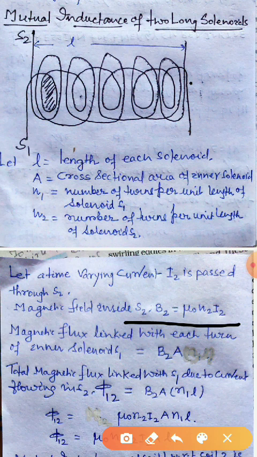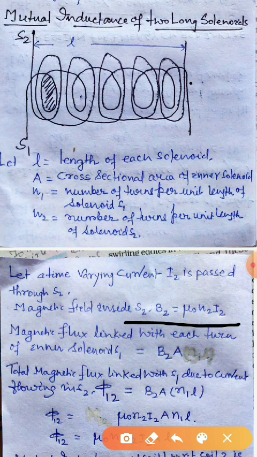Now, the magnetic flux linked with each turn of the solenoid S1. The area of each turn of S1 is A and the magnetic field across it is B2.